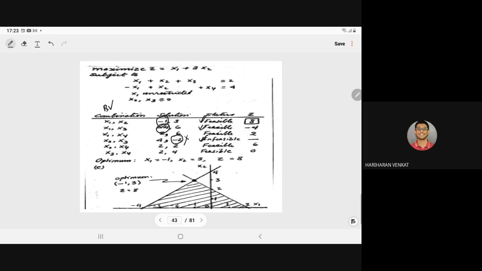Graphically, x1 can take negative, positive as well as 0 values. On the left side of the first quadrant, in the second quadrant also we have the graph. When we compute, the optimum value will come at minus 1, 3, and here also the optimum value will come at minus 1, 3. So either you compute algebraically or graphically, you have to take care how to deal with the unrestricted in sign variable.